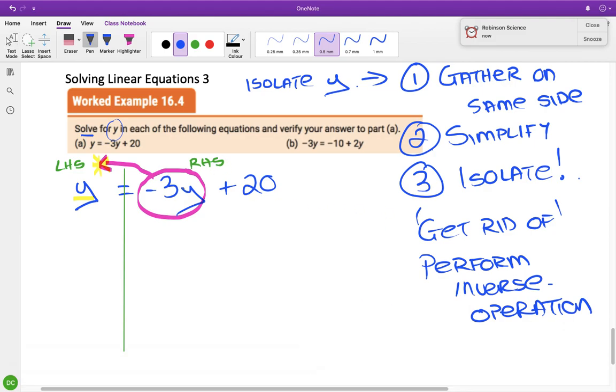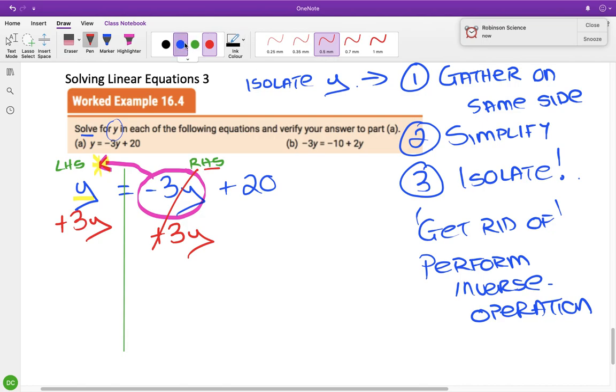Okay, so I don't want this on the right hand side, I want it over here with the other y on the left hand side. So this is a minus 3y, so the opposite, or the inverse operation of that, would be a plus 3y, and then that will get rid of it. But we always need to balance. So in order to get rid of that from the right hand side, I had to plus 3y, then I have to balance that by plusing 3y on the left hand side.